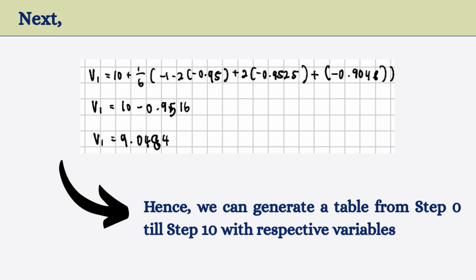Next, we can obtain the V function for the first step, which is V1 equals 9.0484. Hence, we can generate a table from step 0 till step 10 with respective variables.